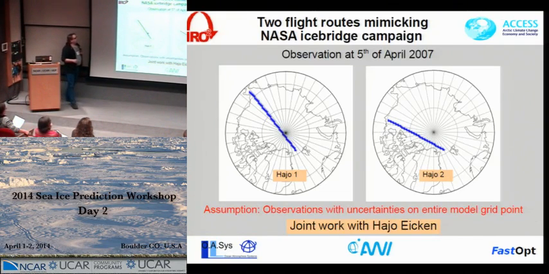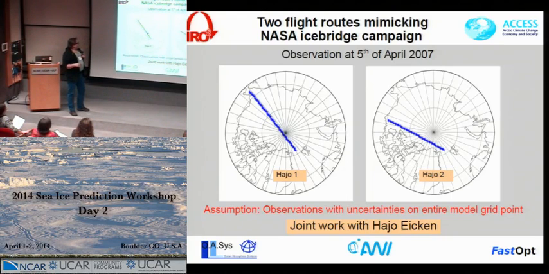So we try to mimic, in a very demonstrational sense, another IceBridge campaign. We have observations of the 5th of April 2007, one flight and the other flight. We call that HARU1 and HARU2 because Haru is our co-worker here, and he gives us these flights.